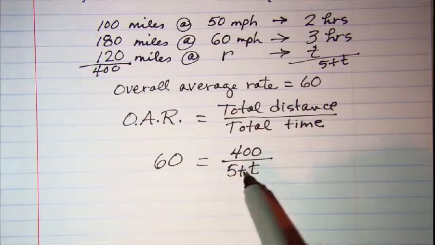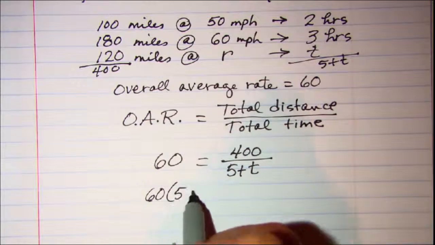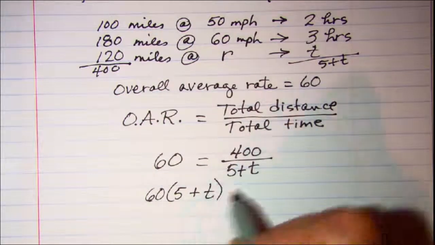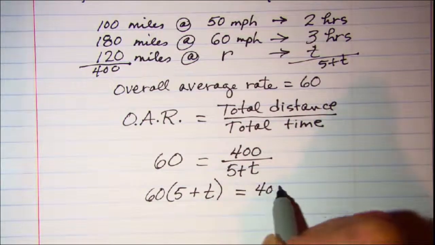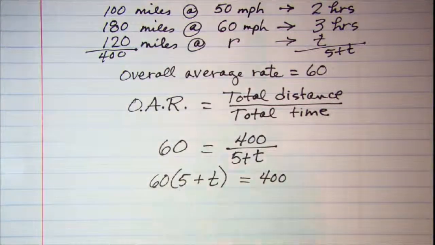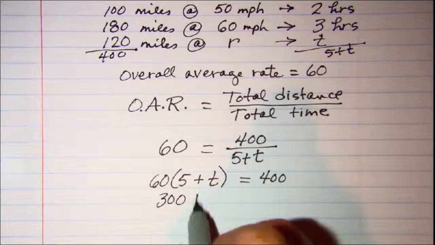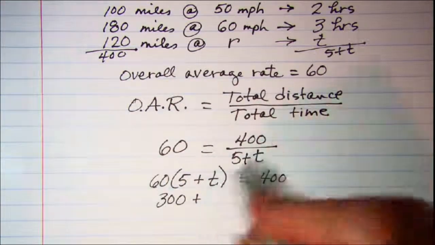I can cross multiply here. 60 times 5 plus t is equal to 400. 60 times 5 is 300. 60 times t.